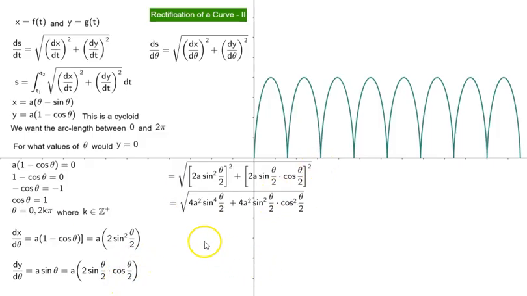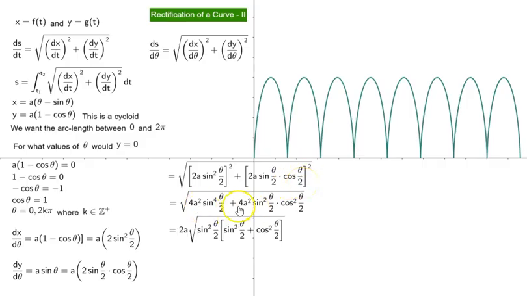Let's simplify this. We get square root of 4a square sine to the power of 4 theta by 2 plus 4 times a square times sine square theta by 2 times cos square theta by 2.